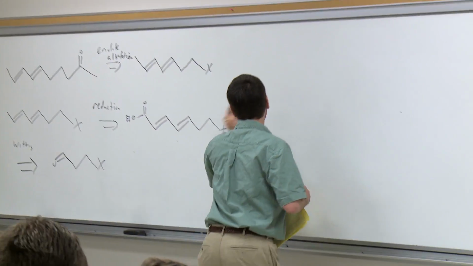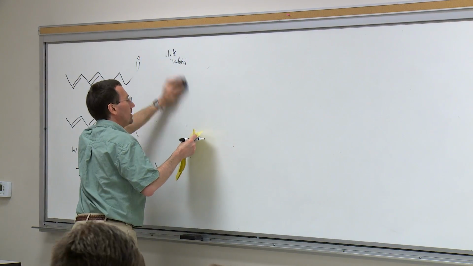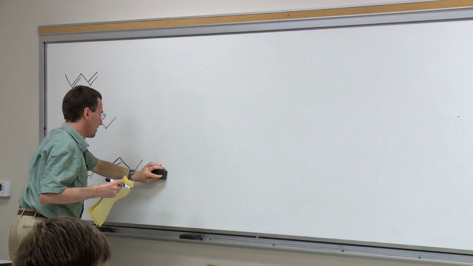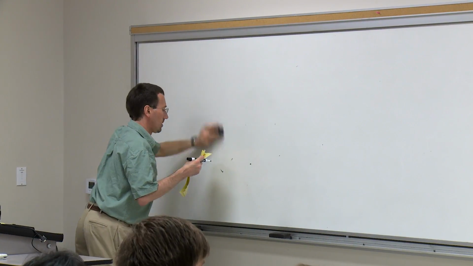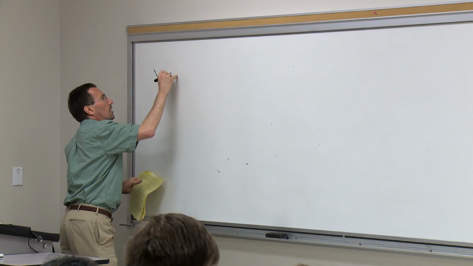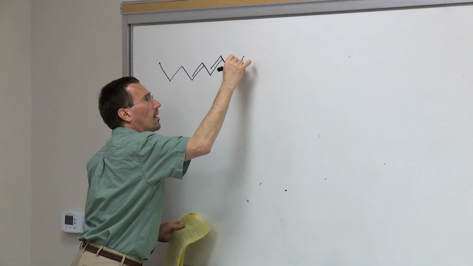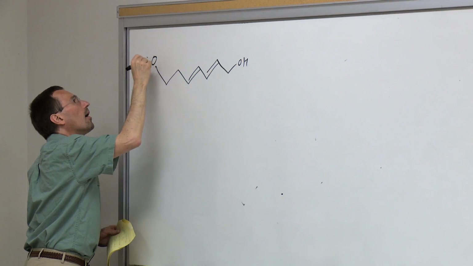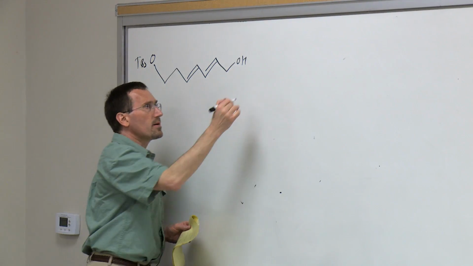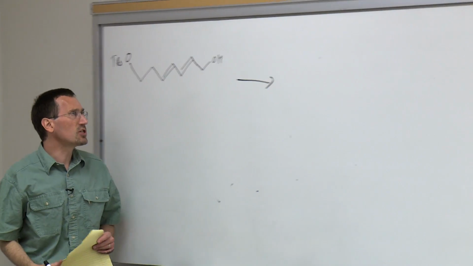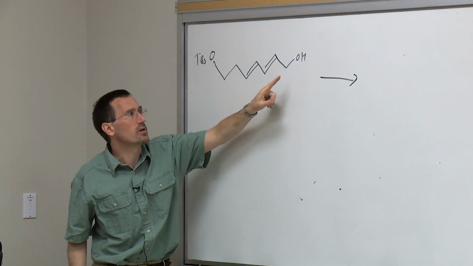And so I'll just write this on the other board. So the Barton-McCombie deoxygenation, we make a xanthate ester. I don't want to go over this again. It's in your notes.